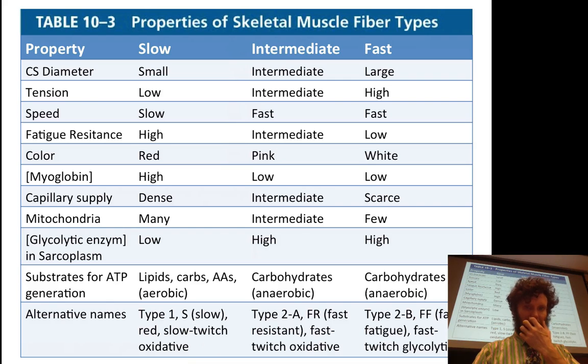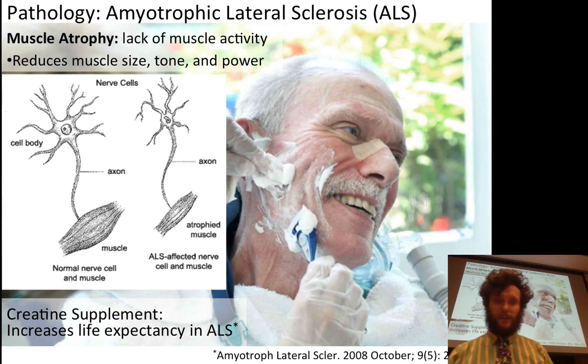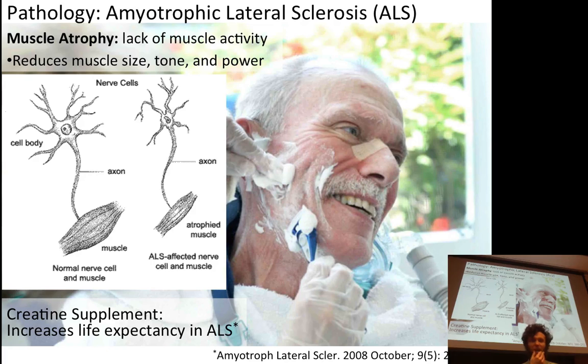Let's see. So this is just a table comparing some of the properties of slow, intermediate, and fast muscle fiber types. I'm not going to go through that. Oh, I'm almost done. So this is the last slide. So the pathology, amyotrophic lateral sclerosis.